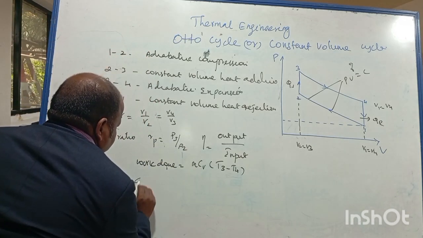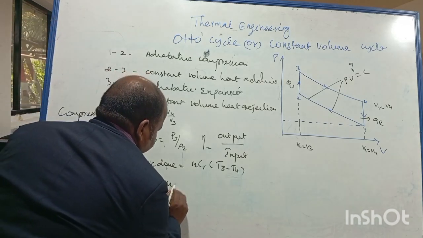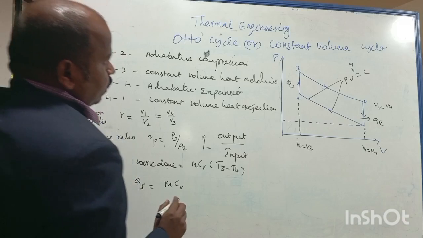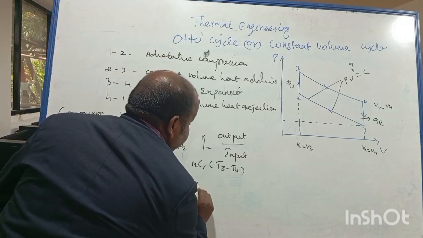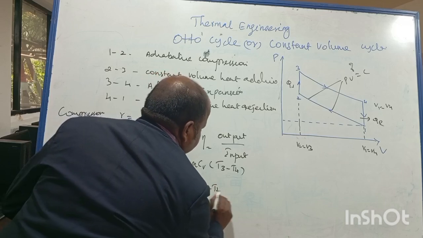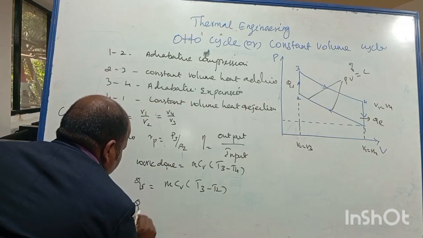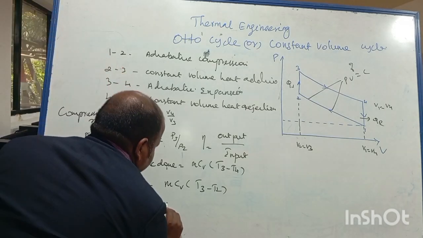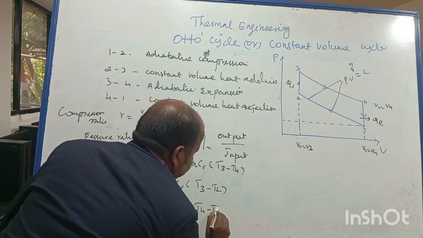Then the heat supplied Qs equals mCv into (T3 minus T2), and the heat rejected Qr equals mCv into (T4 minus T1).